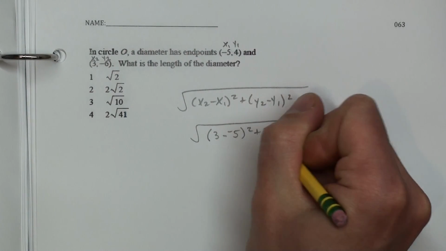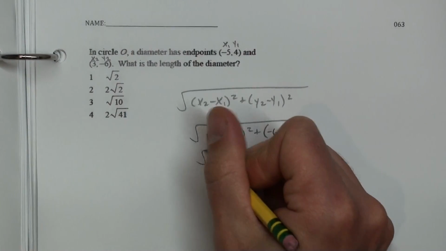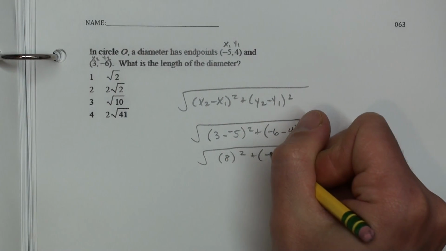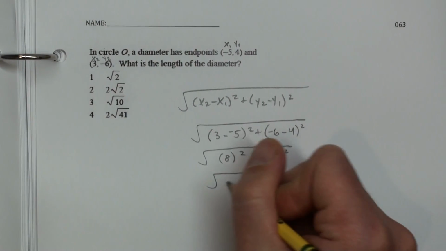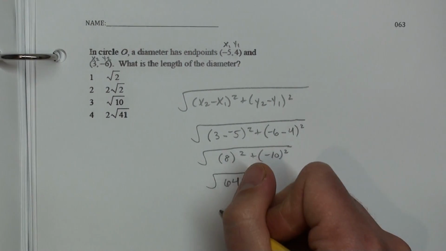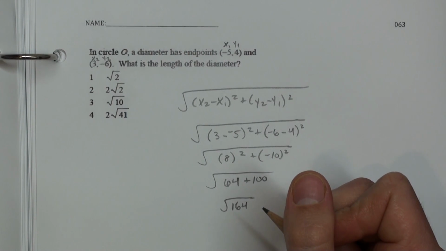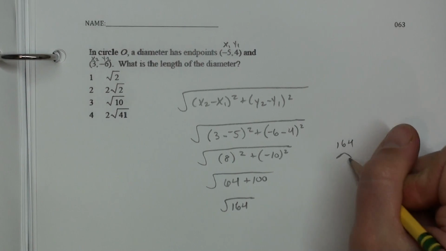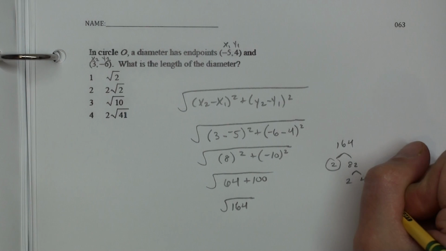3 minus negative 5 squared plus negative 6 minus 4 squared. 8 squared plus negative 10 squared. 64 plus 100. 164. 2 and 82. 2 and 41.